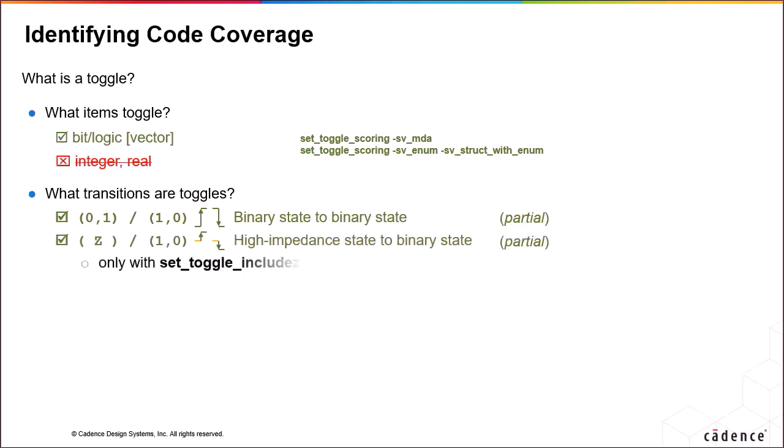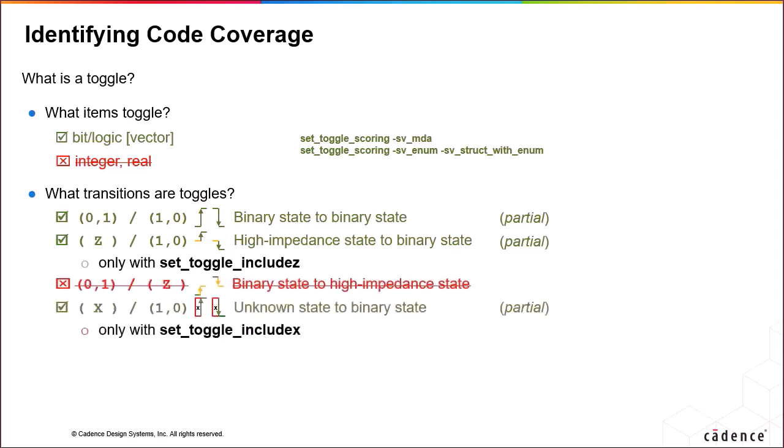With the configuration command set toggle include Z, we also score toggles from the high impedance state to a binary state, but not the other way around. And with the configuration command set toggle include X, we score toggles from the unknown state to a binary state, but not the other way around.